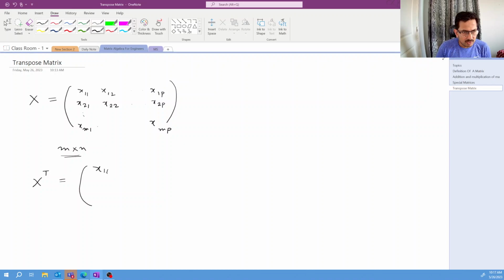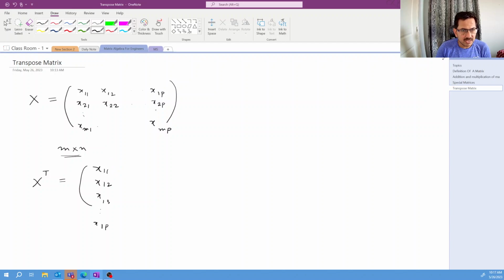It will be x11, and then this row will come as a column. So x12, x13, x1p will come as my first column like this.